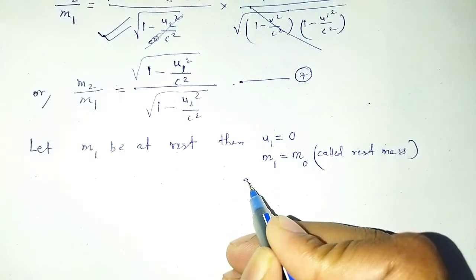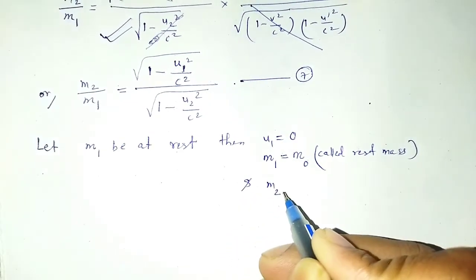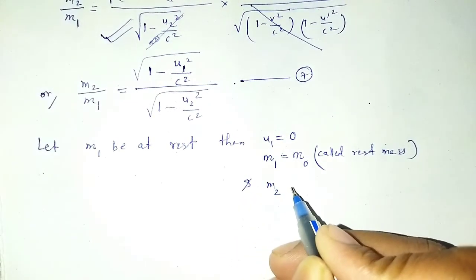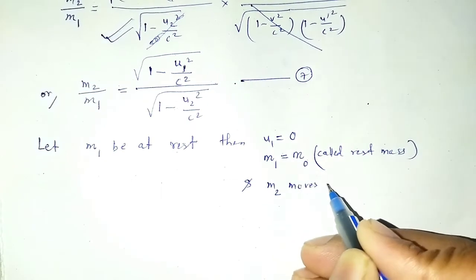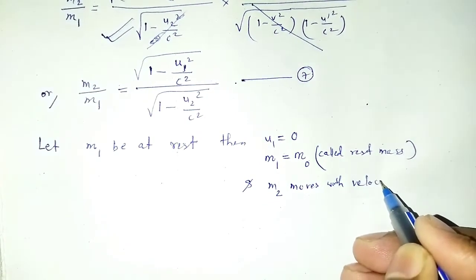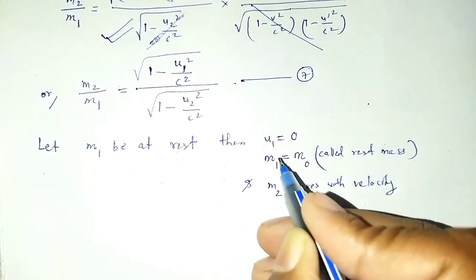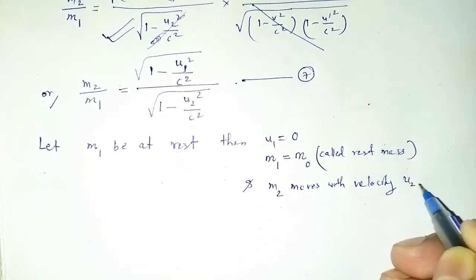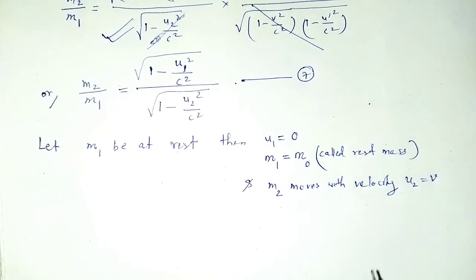And m2 moves with velocity u2, which is equal to v.